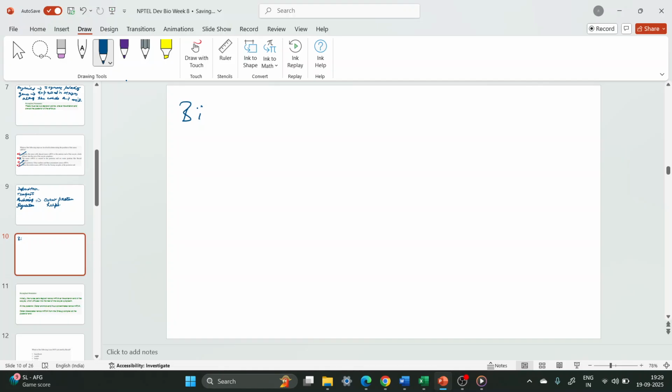I'll appreciate it if you are listening carefully and trying to understand these concepts. These are very important points that need to be taken care of, not just for this examination, but for competitive examinations as well.